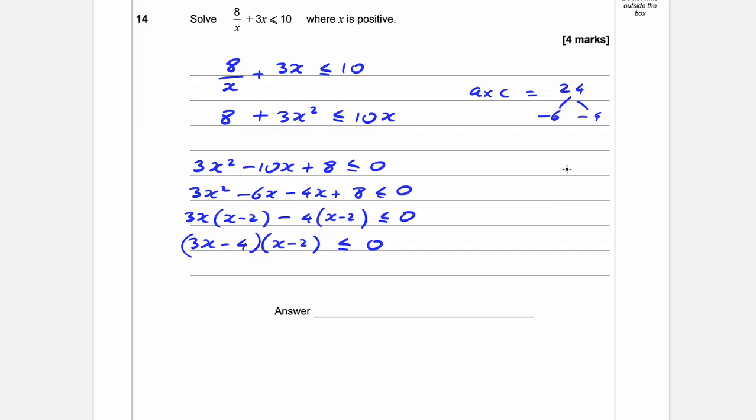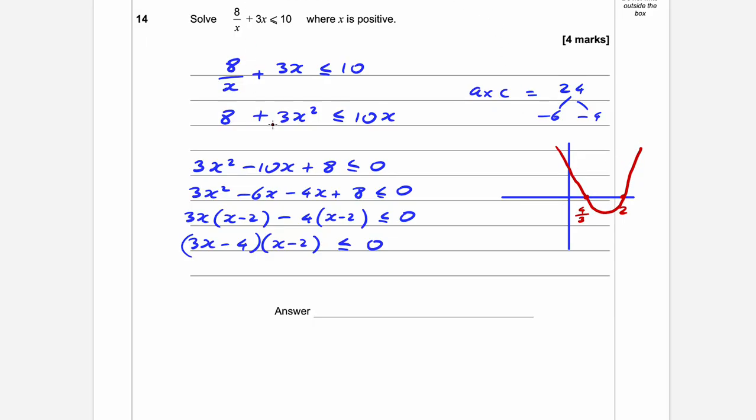Then you sketch this, guys, just to make sure you know what's going on. So you sketch the quadratic. It's a smiley face. It will have roots at 2 and 4 over 3 if you solve these two, guys. So you'll have 4 over 3 and 2. This is the quadratic. It goes down and up through there.